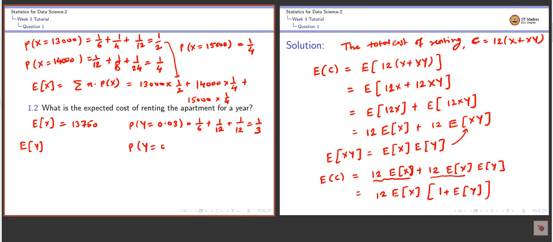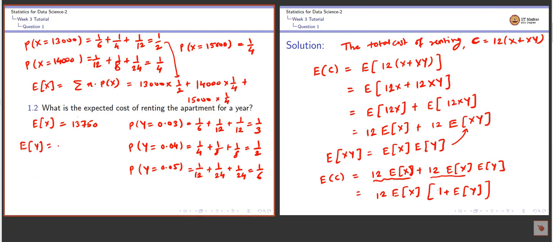Similarly, the probability that y equals 0.04 is 1 by 4 plus 1 by 8 plus 1 by 8, which equals 1 by 2. The probability that y equals 0.05 is 1 by 12 plus 1 by 24 plus 1 by 24, which equals 1 by 6.